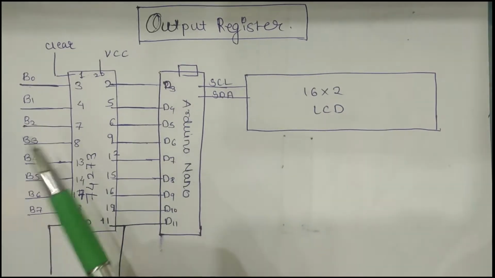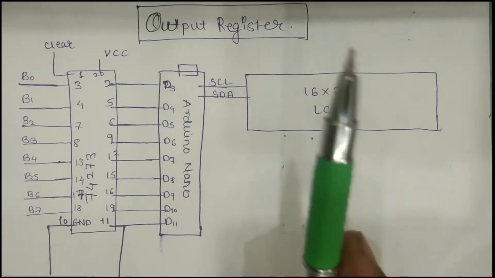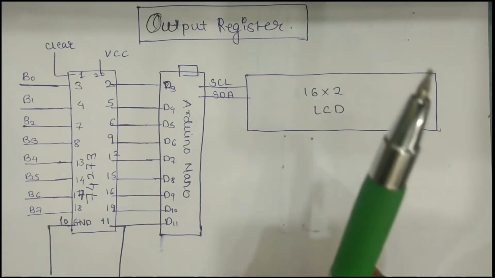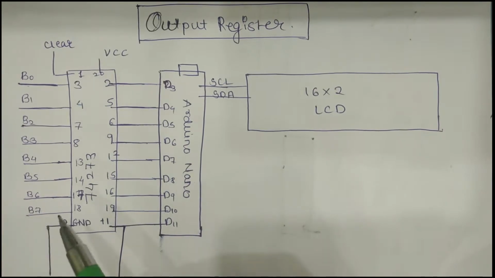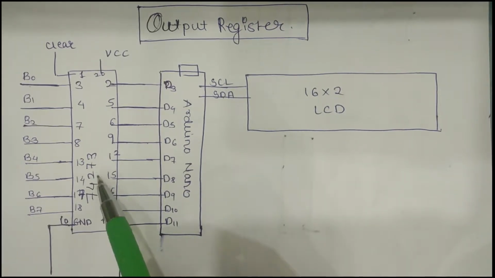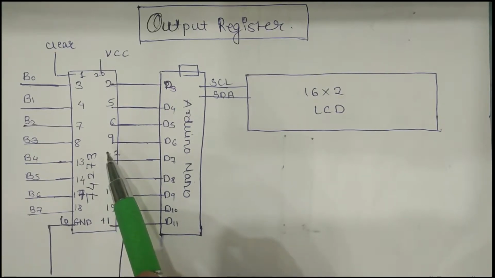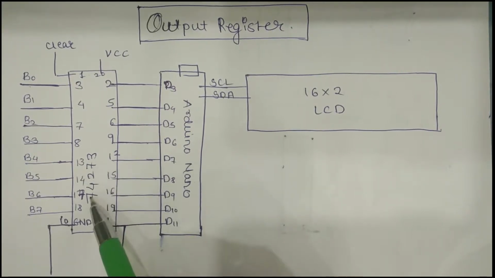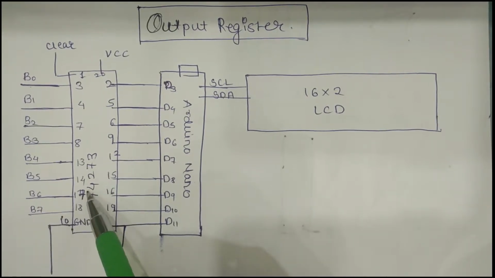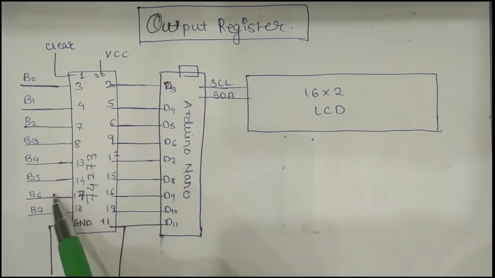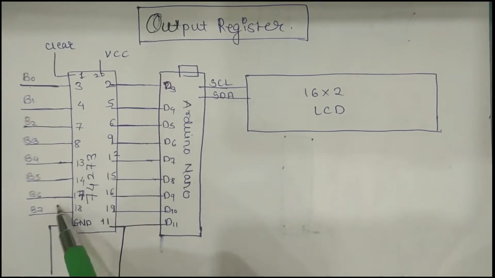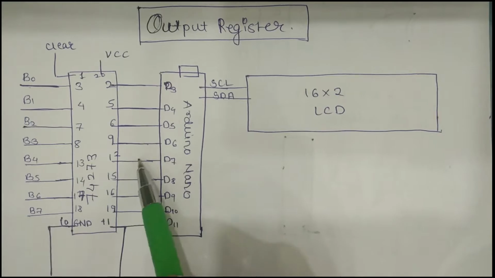If you have not seen that video, after watching this video you can click the link and watch it. The 74173 was a 4-bit D-type register, and the 74273 is an 8-bit D-type register. So it is taking the 8-bit value from the bus and storing it.